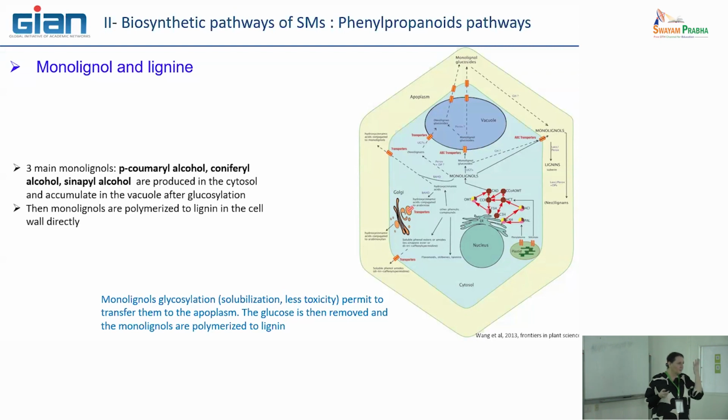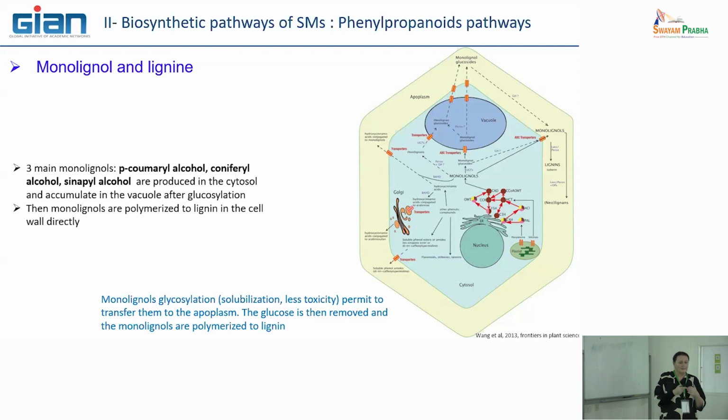For example, you can imagine if we increase or decrease the number of transporters, for example here at the vacuole, it could lead to a lower or higher accumulation of these monolignol intermediates in the vacuole.